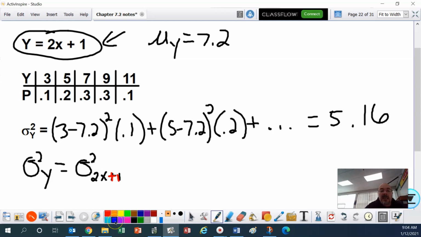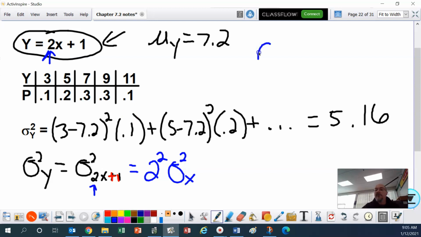What we end up doing, folks, is this: variance is the standard deviation squared. So the 2, the constant in front of that X, you have to square, because the variance is the standard deviation squared. So take the 2, square it, and then multiply it by the variance of X.